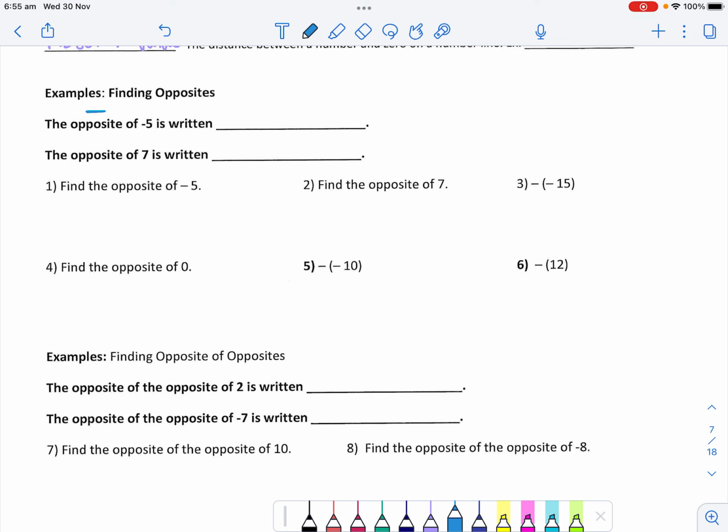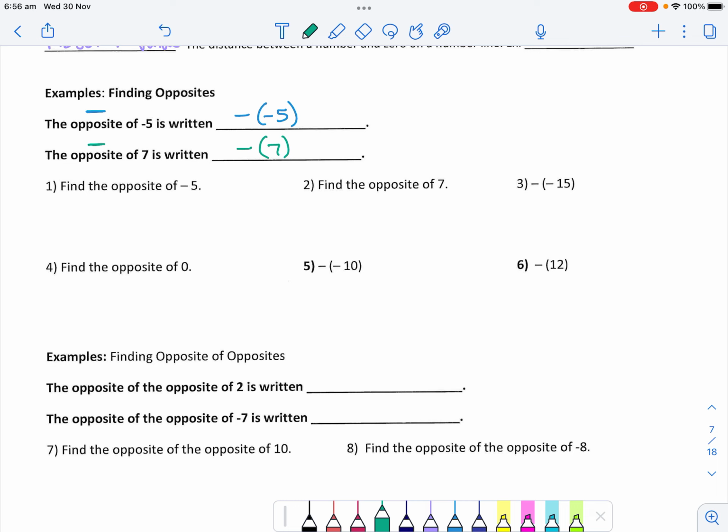So anytime you see the word opposite, I want you to think of that as adding another negative sign. So the opposite of -5 is going to be written as the opposite of -5. And again, the word opposite means negative. So the opposite of 7 is going to be written as the opposite of 7.